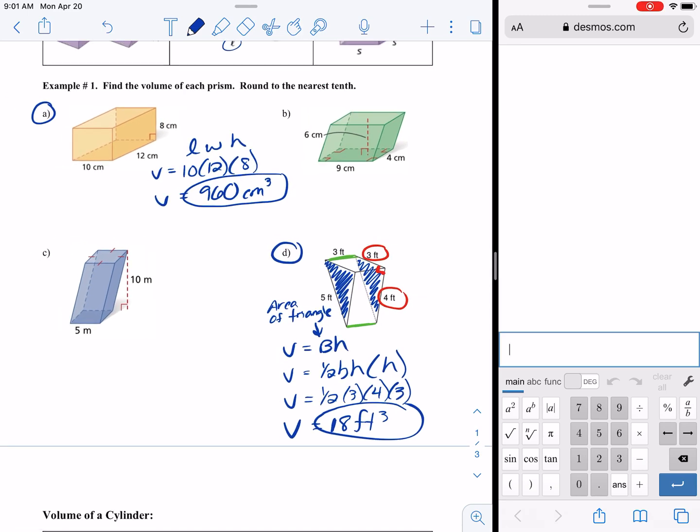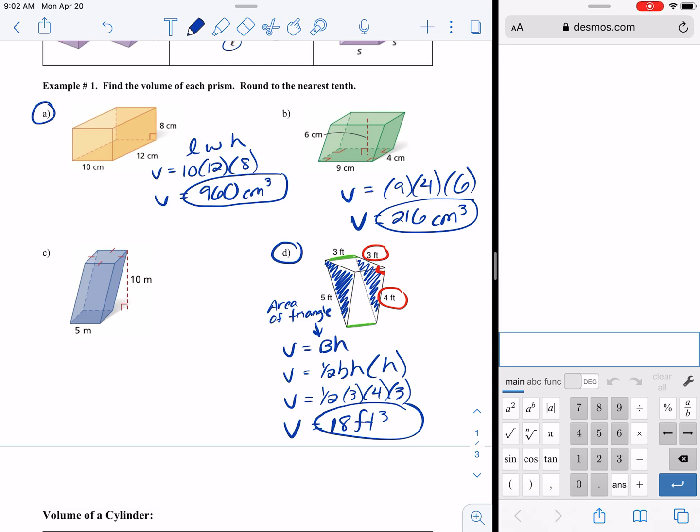All right, why don't you guys practice B and C on your own. Pause the video and give them a try. Right, for B, our volume should just be the area of the base, which is 9 times 4, times the height of 6, gives us a volume of 216 centimeters cubed.